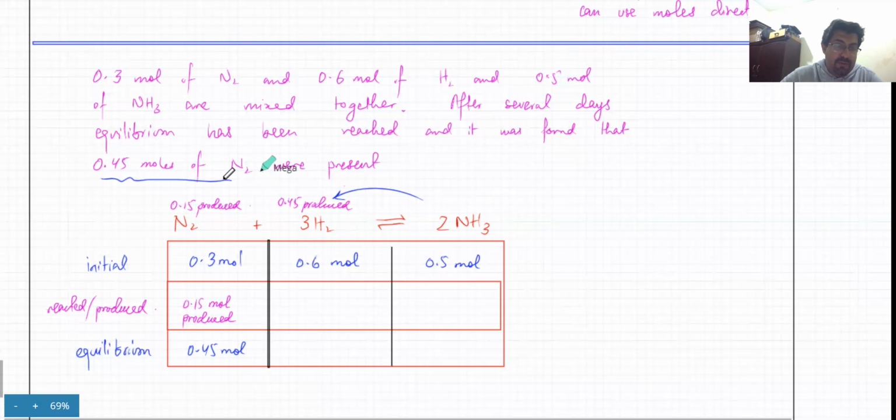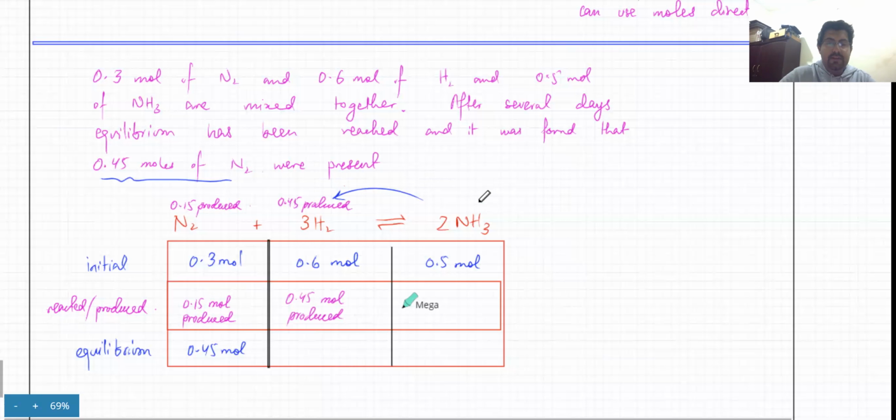To produce 0.15 extra, the reaction must have gone in the backward direction first. It's 1:3, so if 1 is produced, 3 of H2 would also be produced. If 0.15 were produced, 0.45 of H2 would also be produced. So I'm going to write 0.45 moles of H2 were also produced.